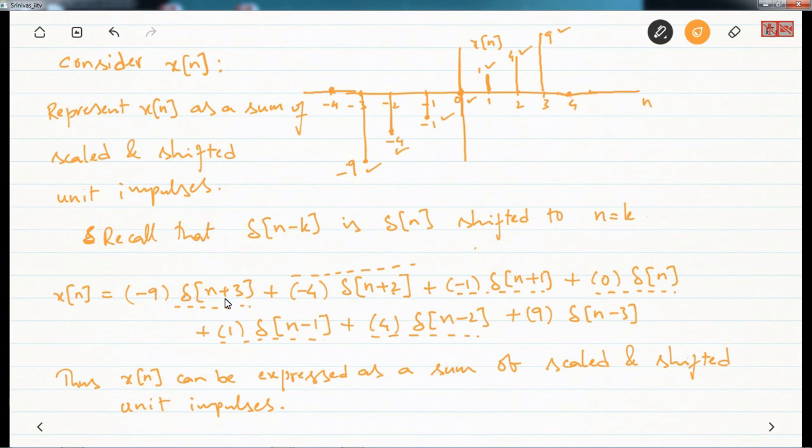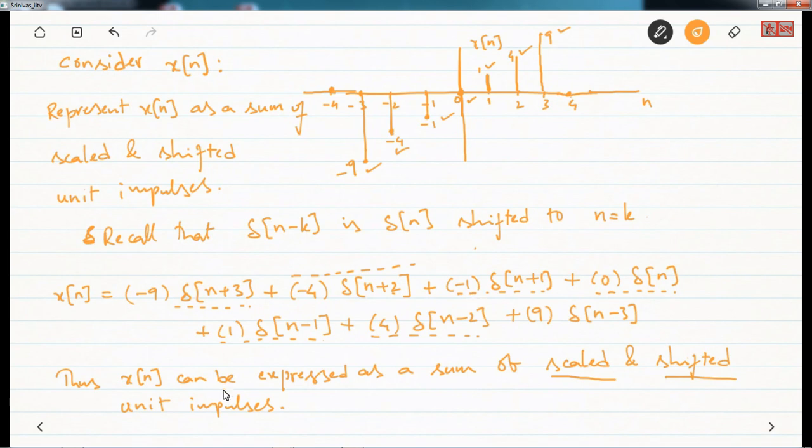See that the unit impulses are being shifted in time to the left or to the right, and they are being scaled by minus 9 here, minus 4 here, minus 1 here.